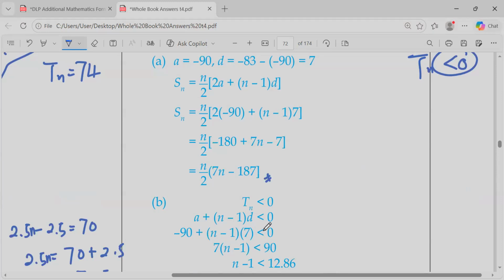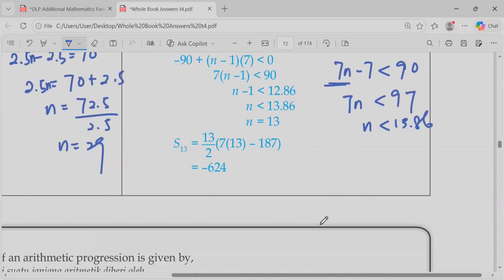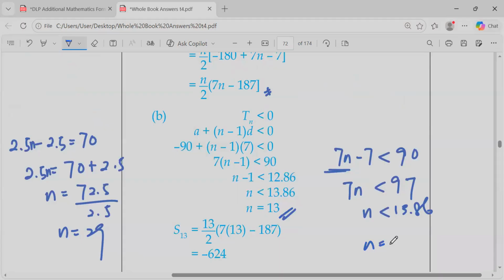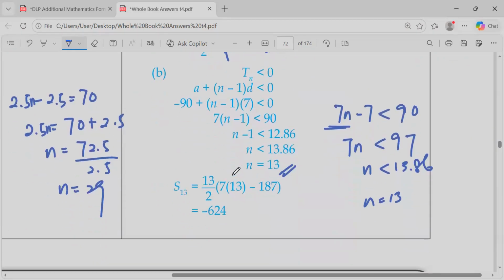And then this one, because the term here is 7n minus 7. Okay, this is positive. So you don't need to change the inequalities. So you get the answer is 13. Then you substitute 13 inside, and then you get the answer.